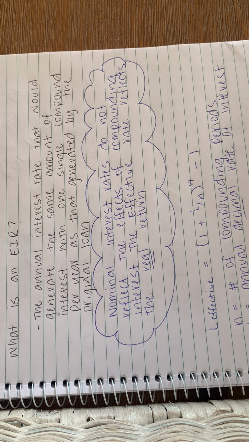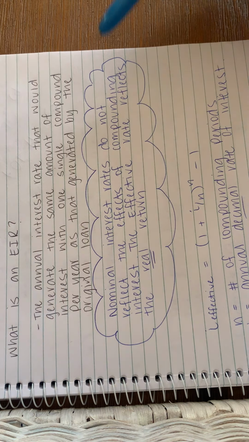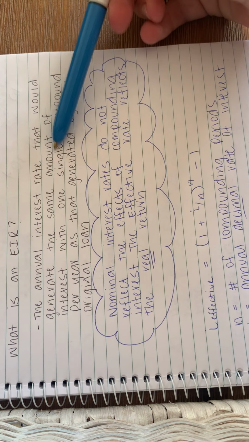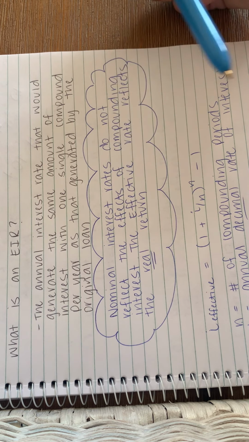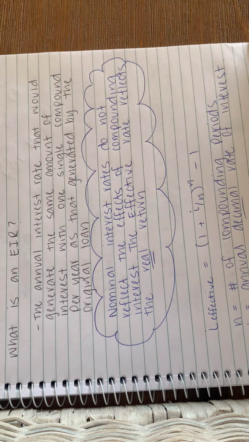So the idea of the effective rate is that it reflects the real return. It takes into account the interest rate, but it also takes into account the compounding periods. So I'm hoping the first few questions that we do, it might make a little bit more sense too. But if you are having trouble with the textbook definition, write that down because that's just a real basic way of putting it.